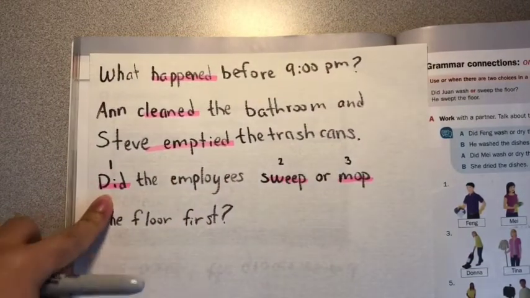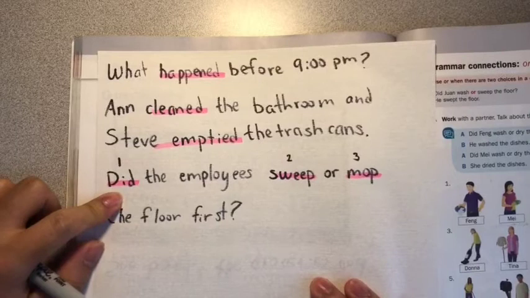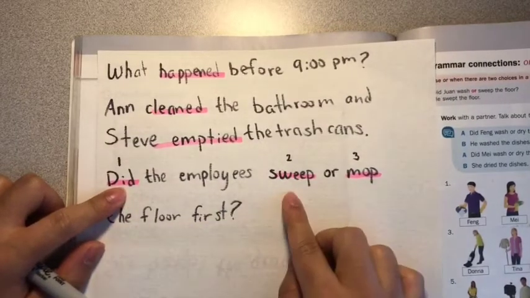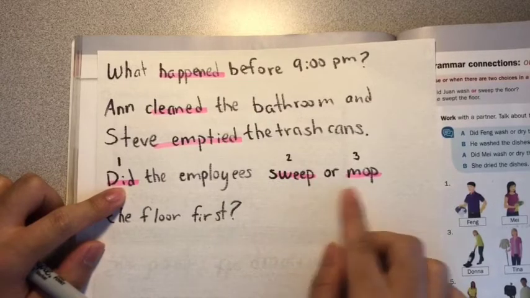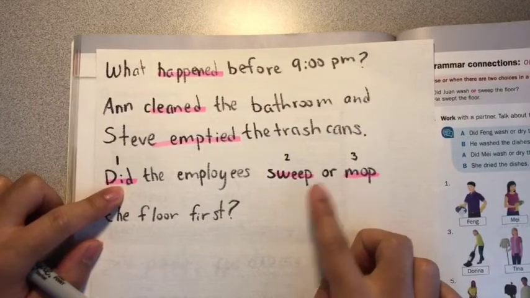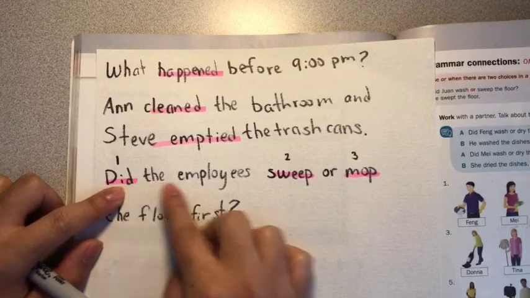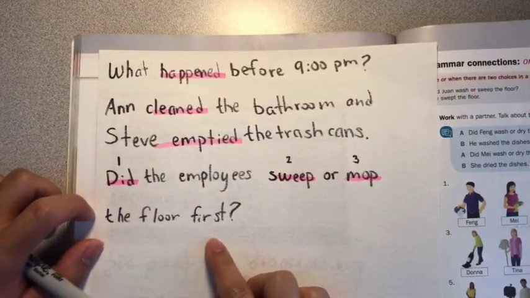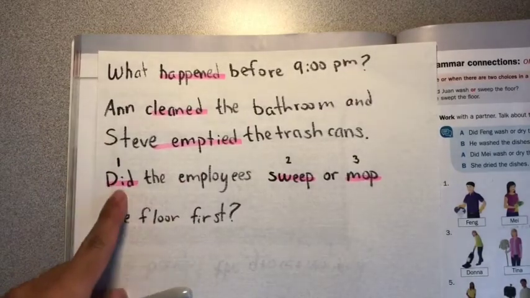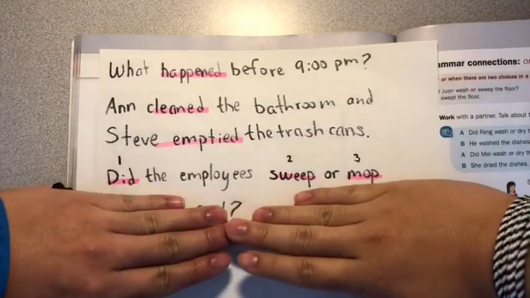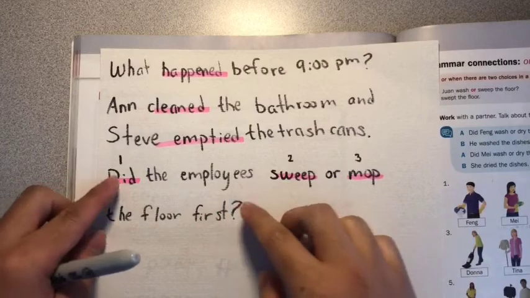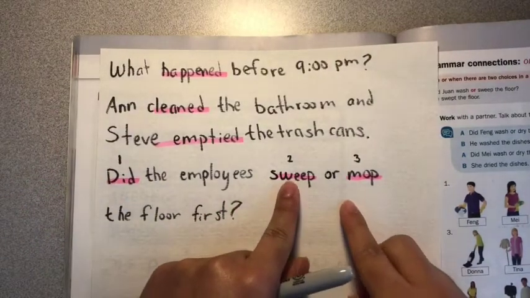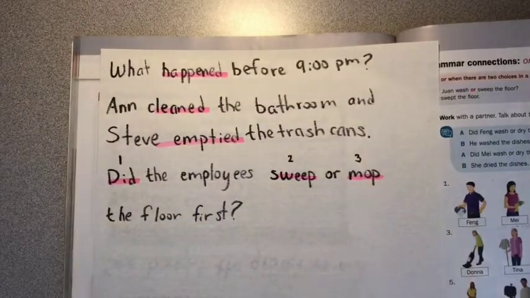In the past tense, we only change the first verb to past tense. After the first verb, it stays in the present. It stays normal. So we say, did the employees sweep or mop the floor first? We only change the first verb in a phrase. So here we're asking, did they sweep first or did they mop first?